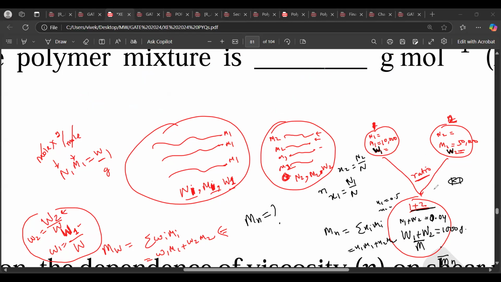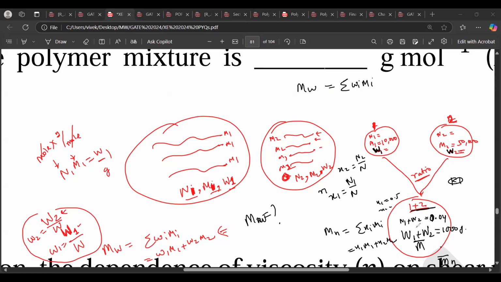If you see all the formulas, that is the right way: see your formulas in front of you and use common sense to decide which formula to use. In your GATE exam also, you will do the same thing. You'll write all the formulas first, whether it's asked weight average or number average. I will write all the formulas that I know, so that I use the brain to pick which formula to use. So it's a summation of Wi Mi.